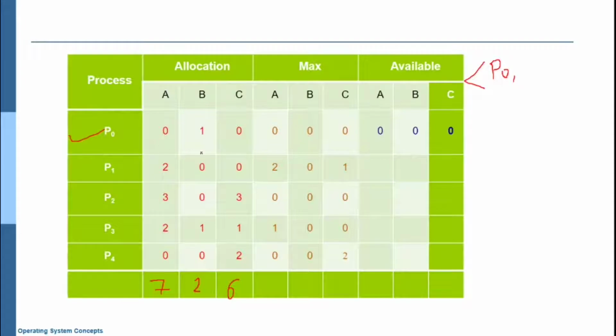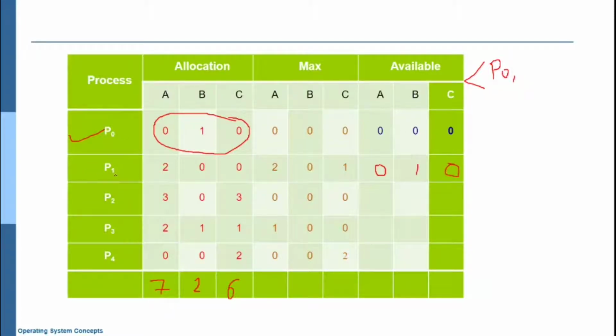When it completes its task, all its resources have to be released to the available data structure. So 0 plus 0 is 0, for B instances 0 plus 1 is 1, and 0 plus 0 for C is 0.